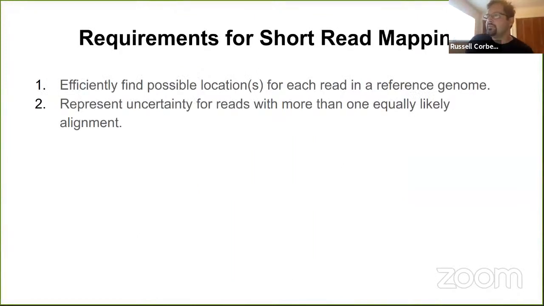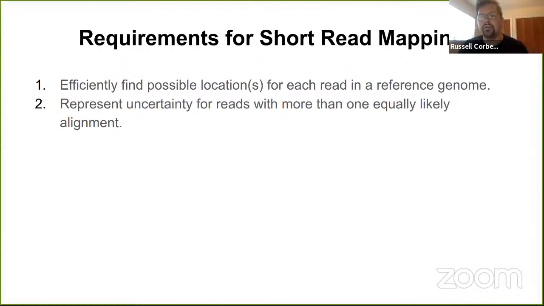Okay, so those are the basic requirements. We have to efficiently find all the possible locations for a sequence. It's not good enough to find one, although many aligners only report one. They still need to know that other possible alignments were possible. The reason is that you need to be able to represent the uncertainty for these alignments. There may be several positions that are equally likely.